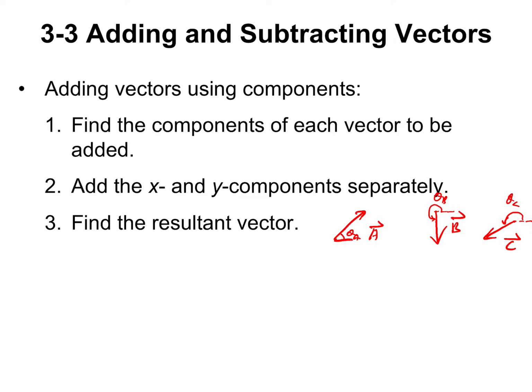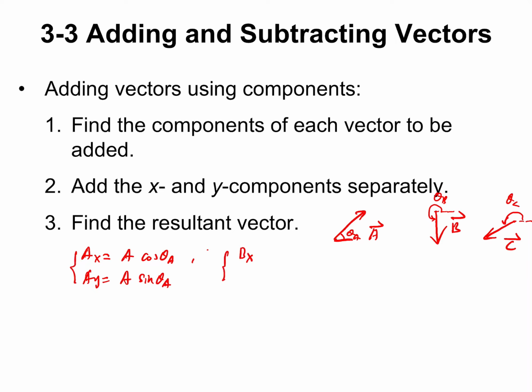What you do here is you find their components first. So you represent them in components. We can tell Ax equals A cosine theta A, Ay equals A sine theta A. This is the A vector.